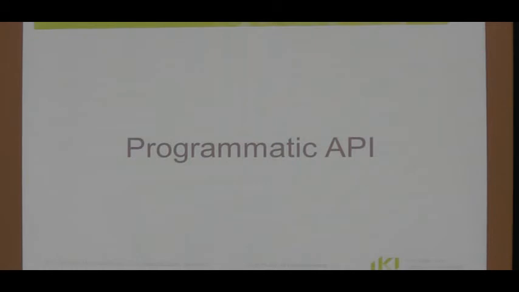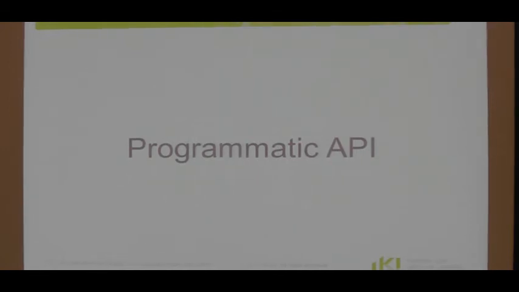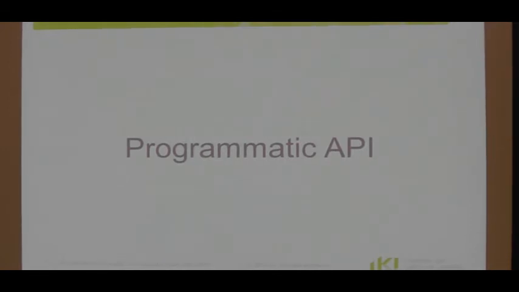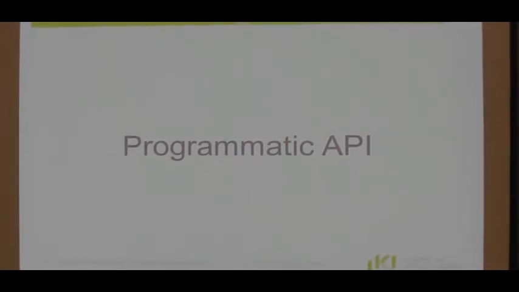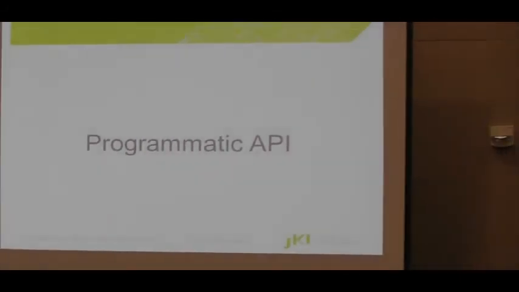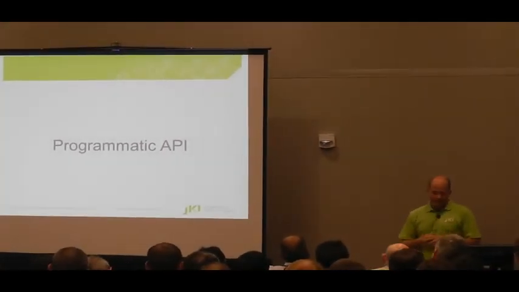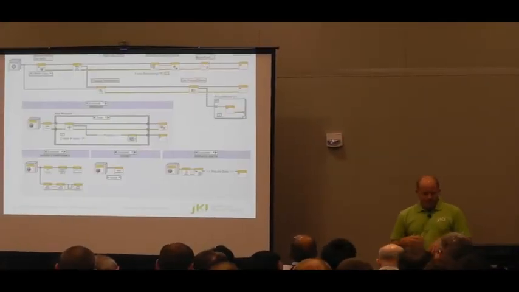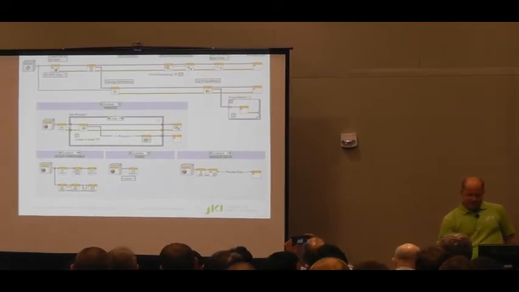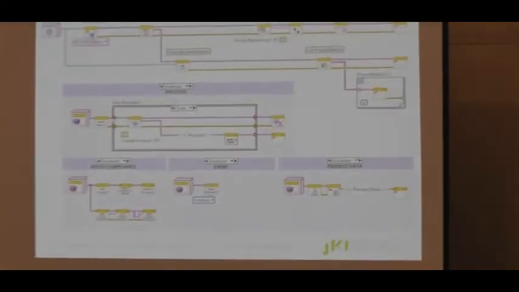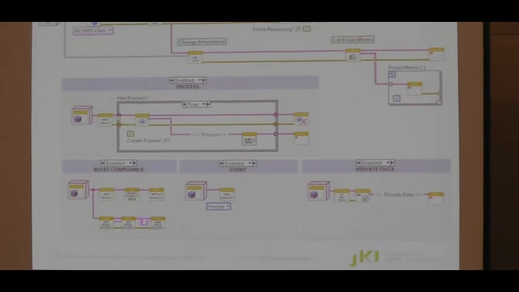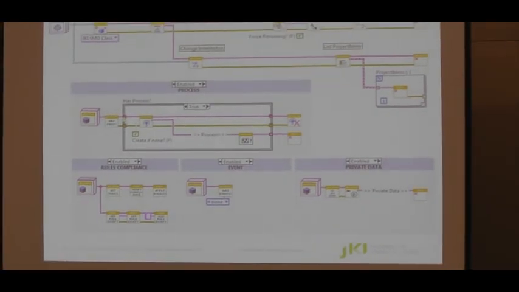The other thing that we really wanted to do with this framework was to provide a programmatic API for developers who might want to build tools to make editing and maintaining of these classes easier. And so we have a variety of functions, and I'll show you one of these in action in just a second, for creating new JKI state machine objects.